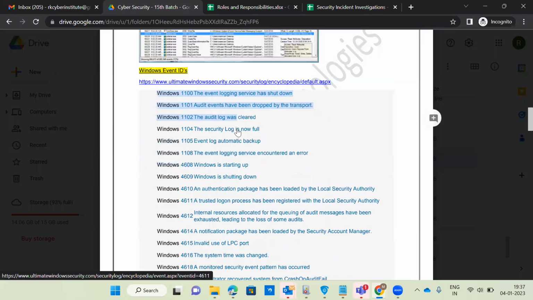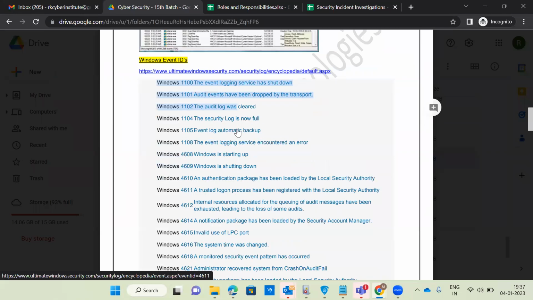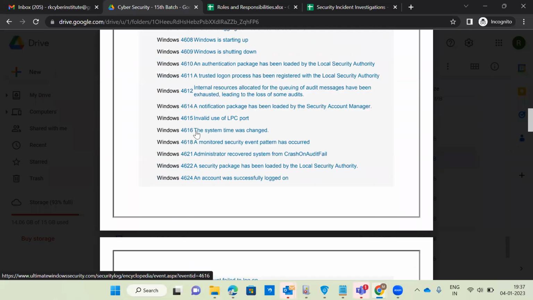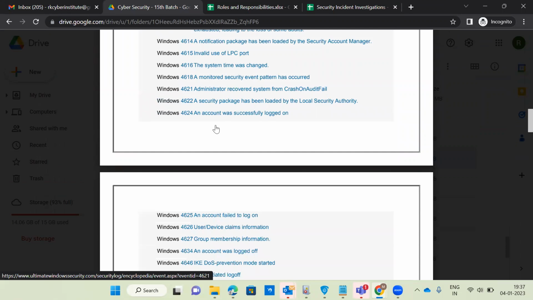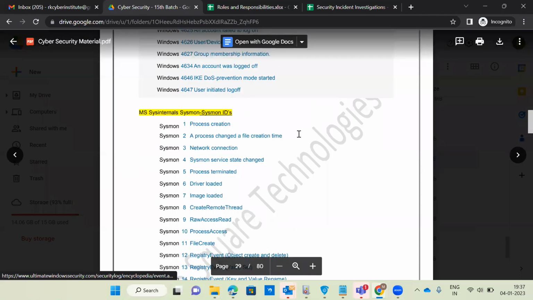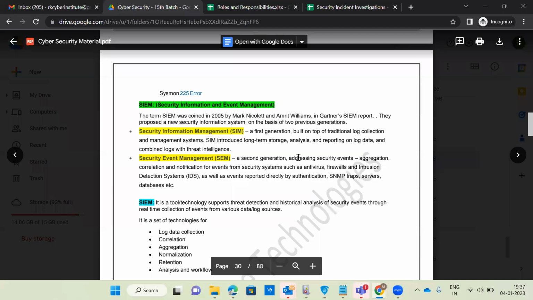And also Windows logon types: type 2, type 3, type 4, type 5, type 7, type 8, type 9, type 10. Those logon types also. Forget about this one. System IDs. Next one, the SIEM tool. You can go through all these. This is generations of SIEM tools, which is not required.